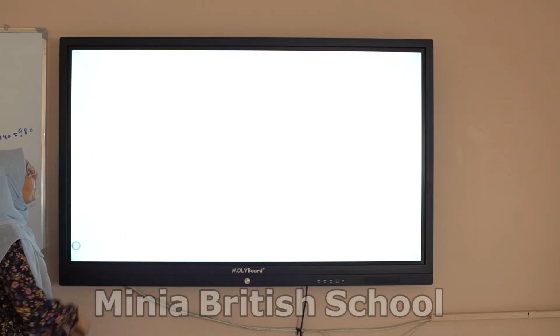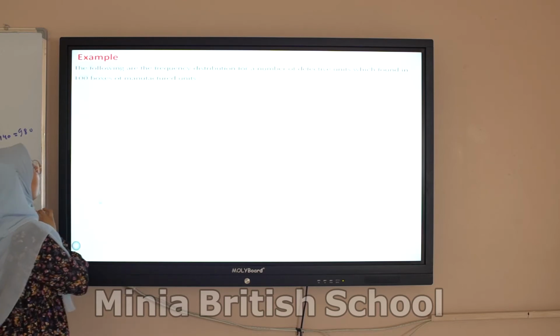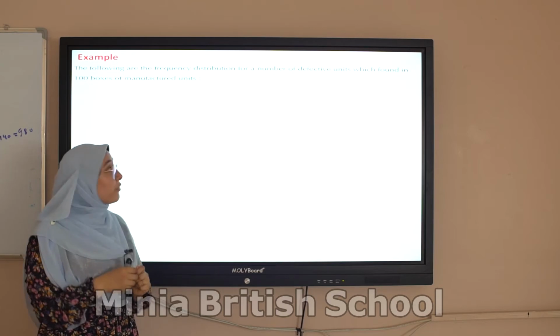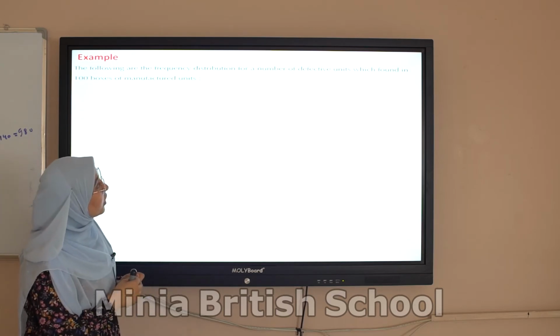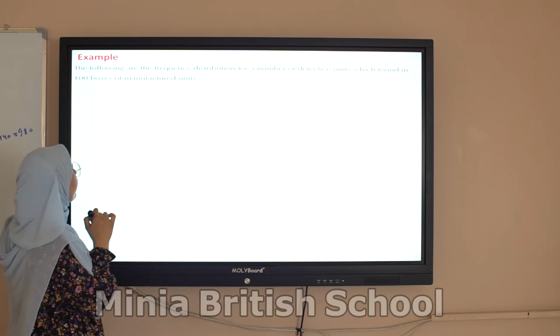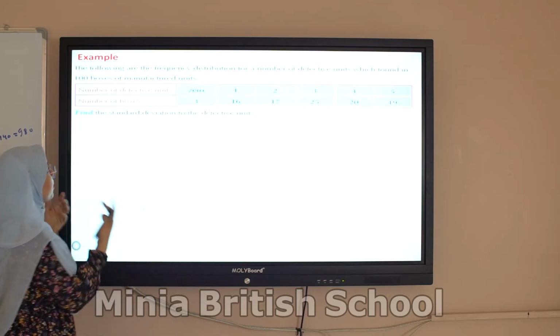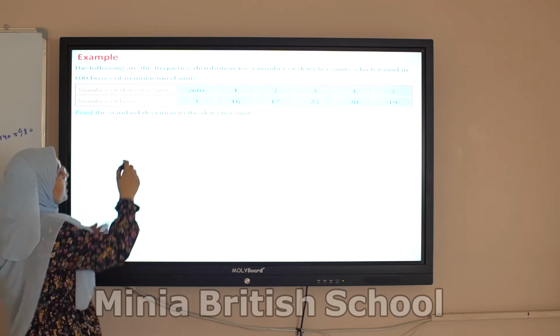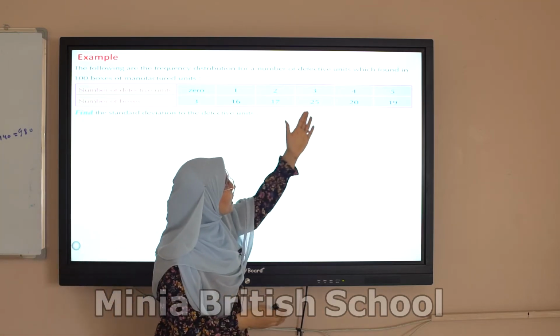For example, the following is the frequency distribution for the number of defective units found in 100 boxes of manufactured units. In this table, the number of defective units is 0, 1, 2, 3, 4, 5.